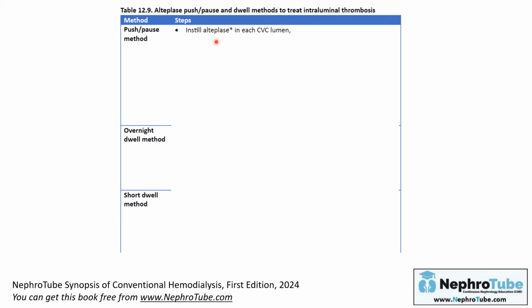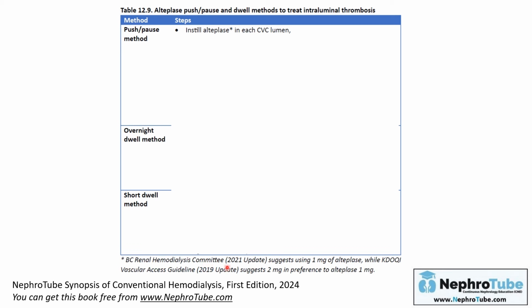The recommended dose of alteplase, according to the KDOQI 2019 update, is 2 mg of alteplase in preference to 1 mg, although the British Renal Association in 2021 suggests the use of 1 mg of alteplase. So whatever the method you use, instill the alteplase in each lumen, then instill normal saline to fill the internal lumen with an overfill of 0.2 ml.